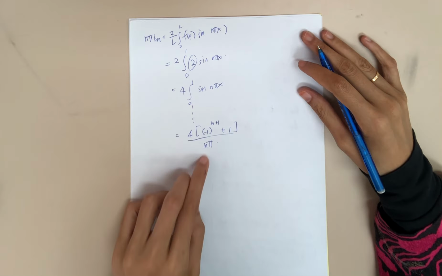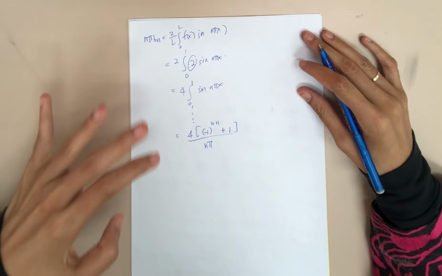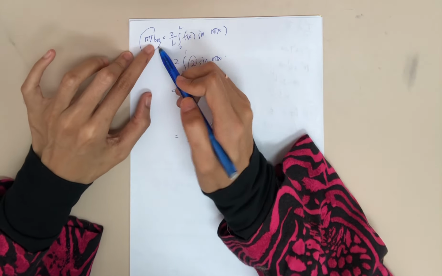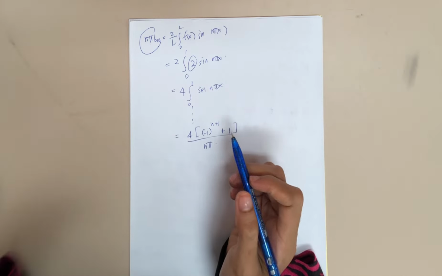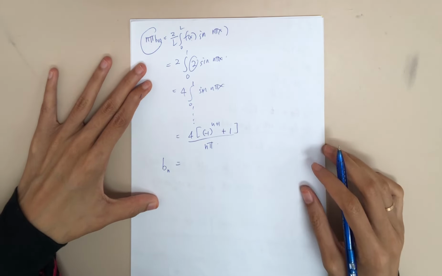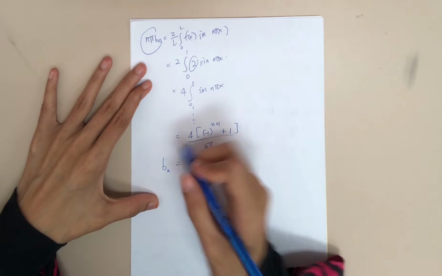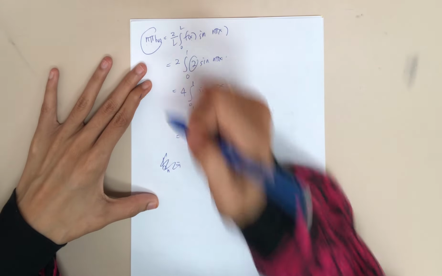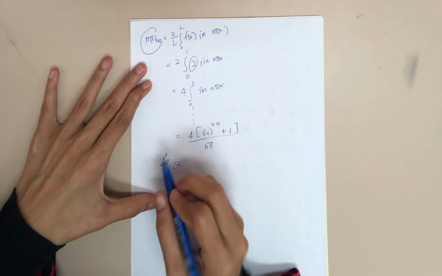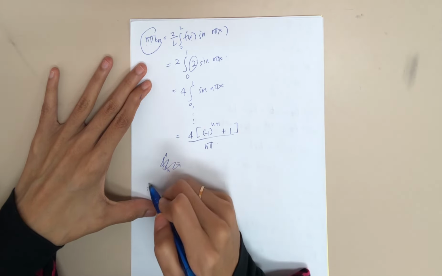Okay, alright. So then class, you see, this is n pi bn. N pi bn is equal. So what? But we just want bn. Or actually it's not necessary, it's okay. So n pi bn, okay, n pi bn is equal to this. So the final answer, not the final answer yet.